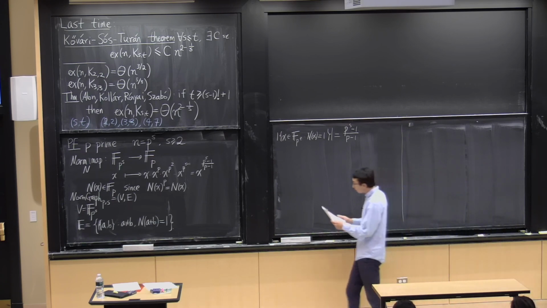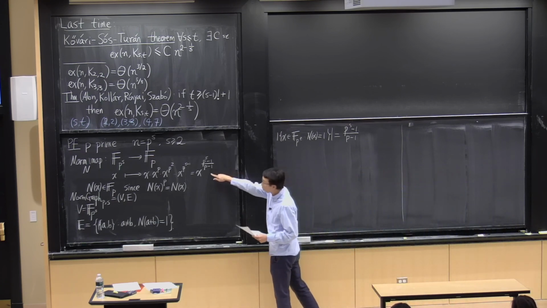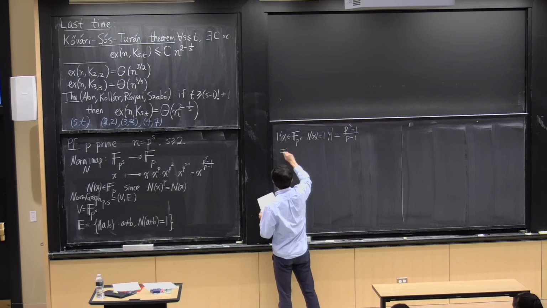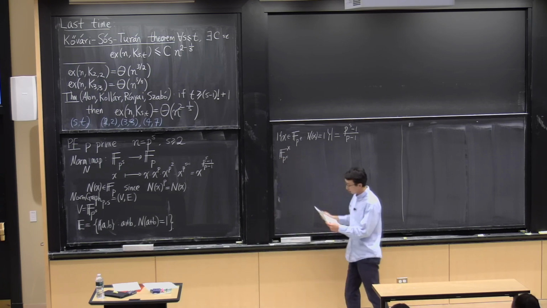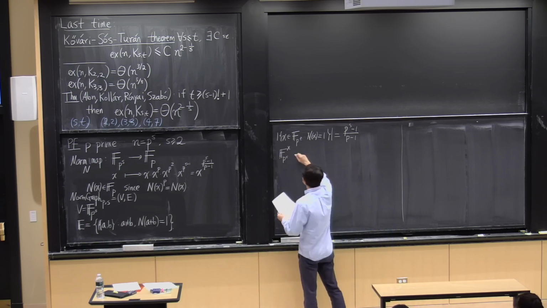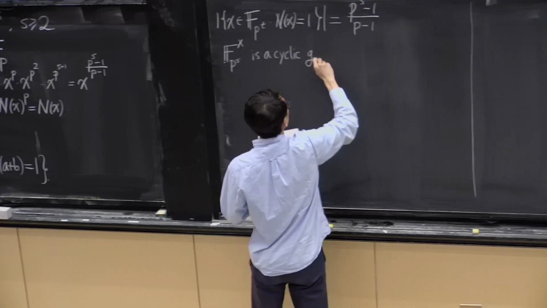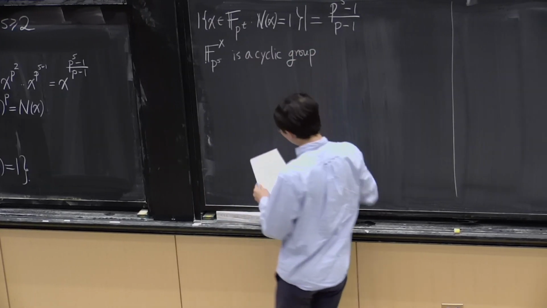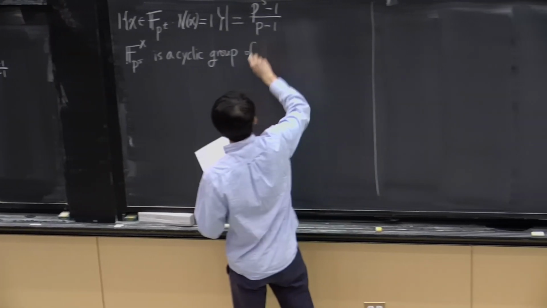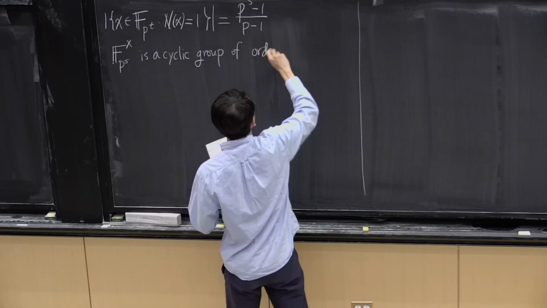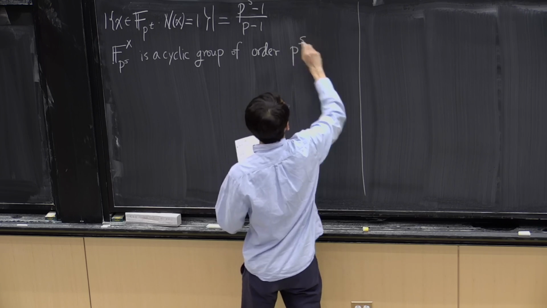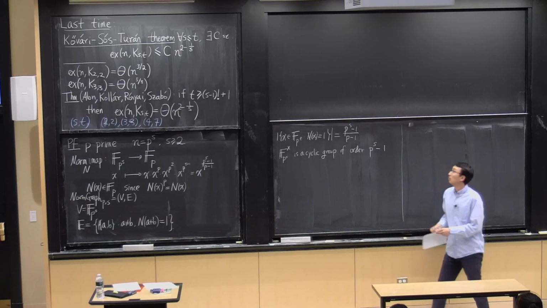And this is because really we're looking in the multiplicative subgroup. The multiplicative group in this F_{p^s} is a cyclic group. So there's a generator. The order of the cyclic group is p^s minus 1.